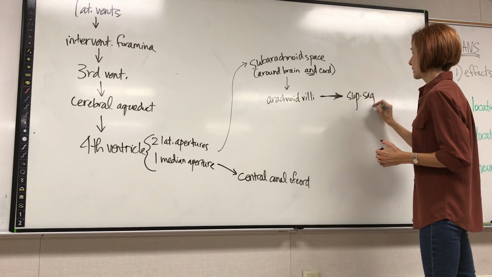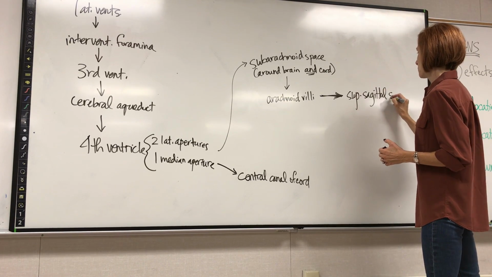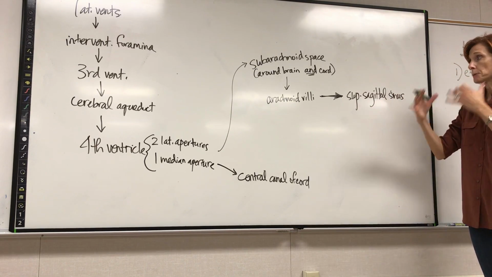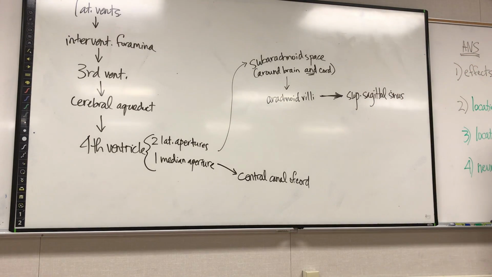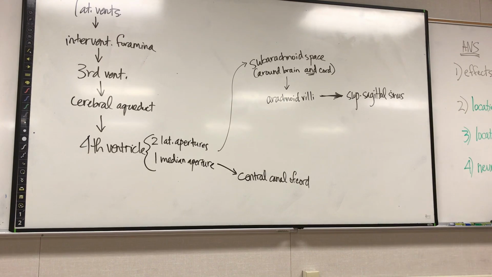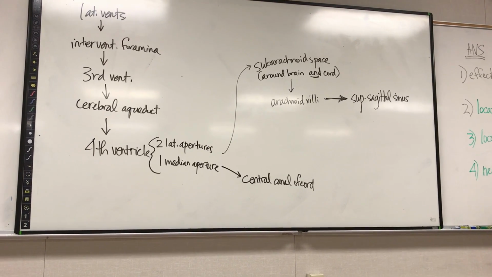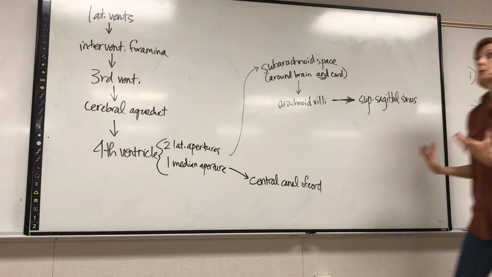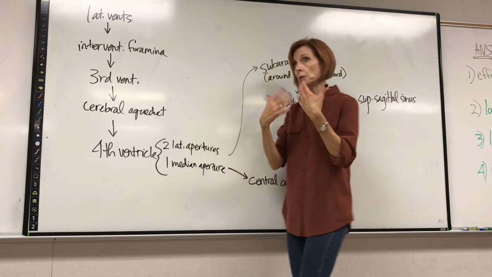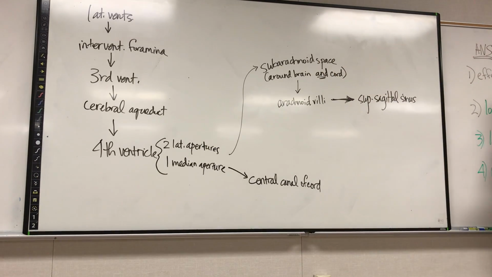And so this is where now cerebrospinal fluid just mixes with the blood in this sinus. And so it just becomes part of the blood plasma again. And remember that each of the ventricles has its own choroid plexus. So they all contribute cerebrospinal fluid to the total volume.